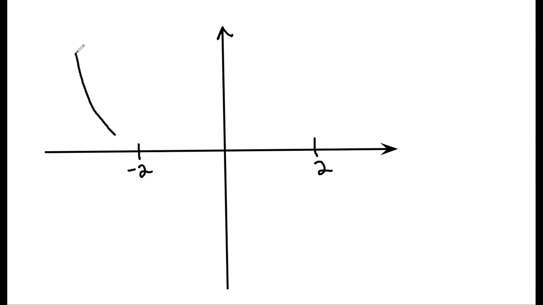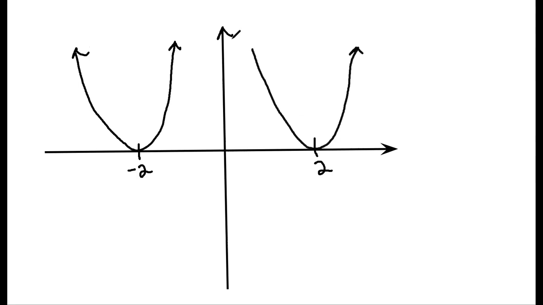And you've got this interesting graph that does this. For whatever this value is here, negative, positive of that gives you the same answer, and so on, and so on, and so on. Well, then that means that this must be an even function because it has symmetry about the y-axis.